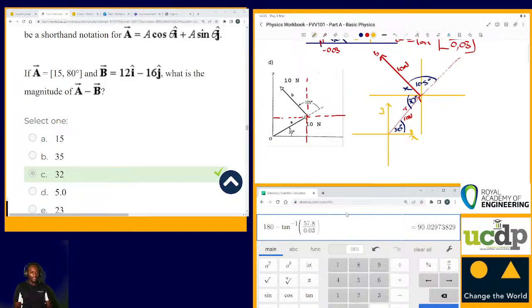Okay, so Prince is saying there's a straight line, and a straight line adds up to what? Angles on a straight line add up to how many degrees?